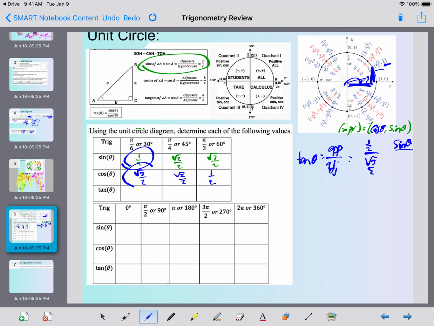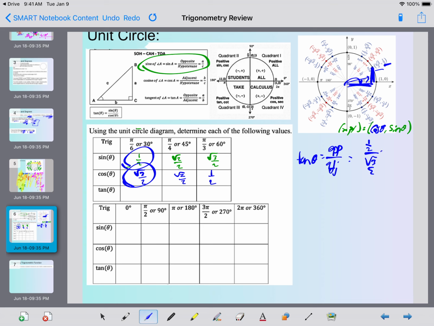And didn't we say that cosine of 30 was radical 3 over 2? So isn't tangent just sine over cosine? So in the case of a unit circle, your opposite is your sine. Your adjacent is your cosine. Your y value is your sine. Your x is your cosine. Right? All of these things are related.